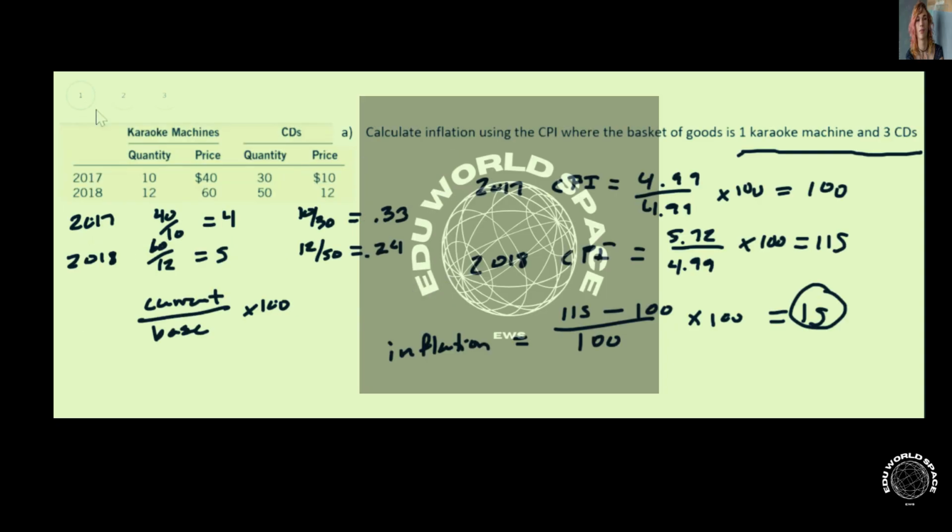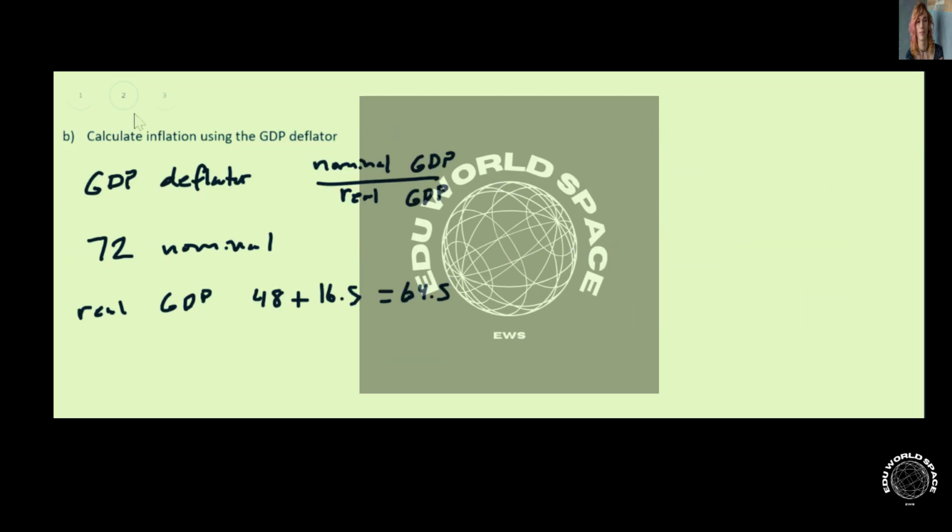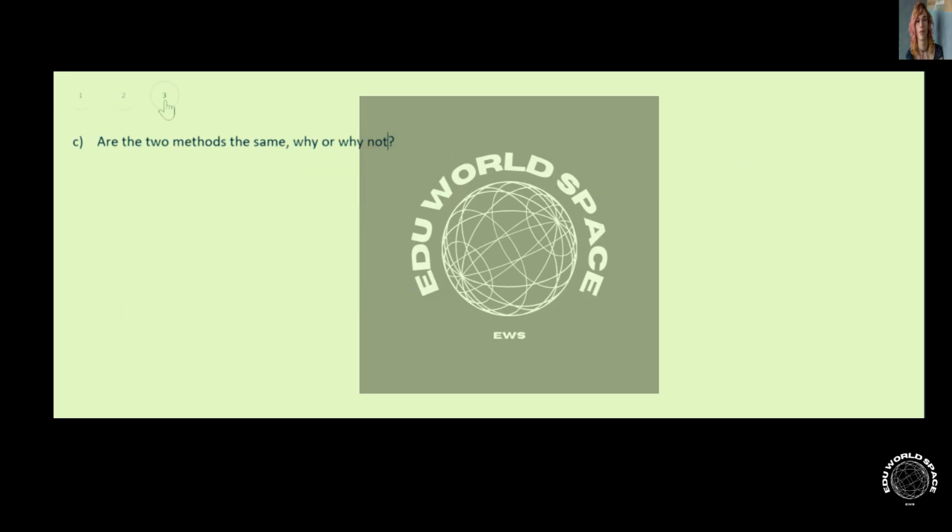We get that 64.5 because it's the quantity in 2018 times the price, which was $4, plus the quantity times the price, which was 33 cents. So then the GDP deflator is just nominal divided by real GDP, and that equals about 12%.